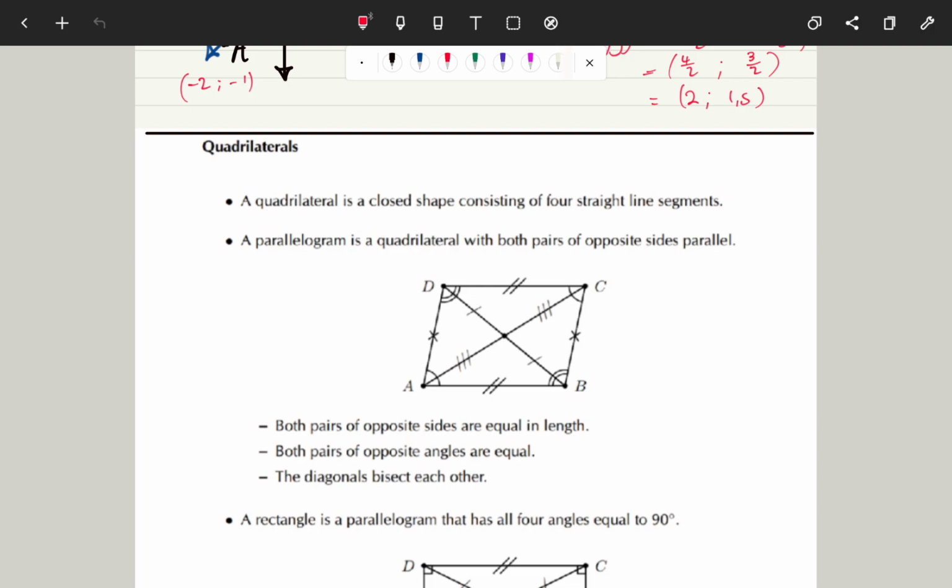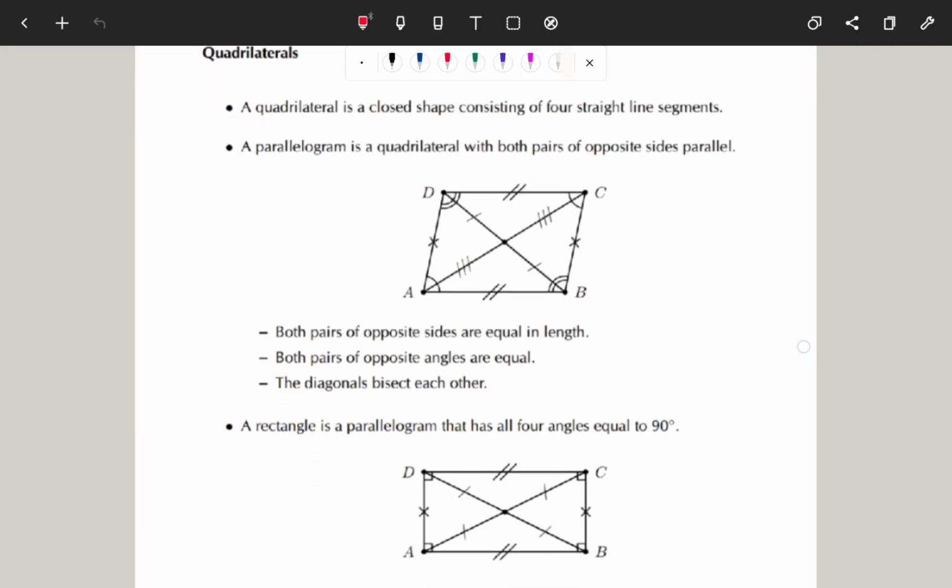You know what I'm saying? If you don't know the characteristics, you don't know what a particular quadrilateral looks like, it's really easy to lose marks on those questions. So you can maybe pause and take some notes here.